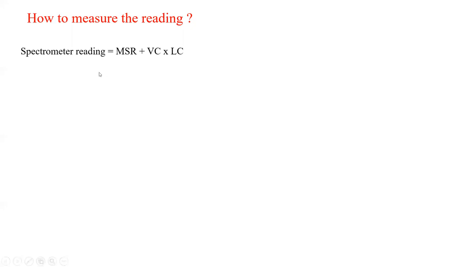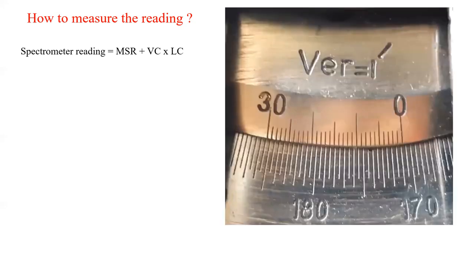The spectrometer reading equals main scale reading plus vernier coincidence into least count. How can we measure the main scale reading? To measure the main scale reading, we have to know the value on the main scale before the 0 of the vernier scale. This is the 0 of the vernier.